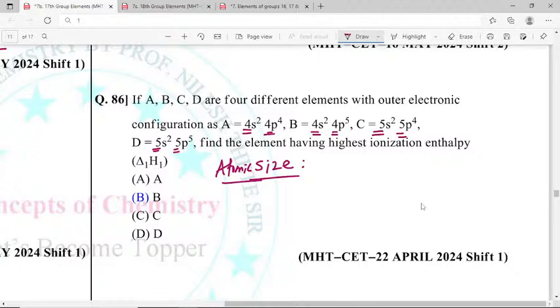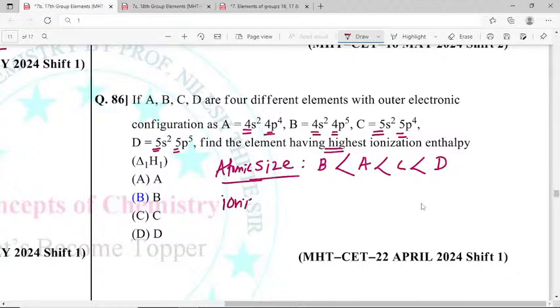B is very small as compared to A, and C is small as compared to D.